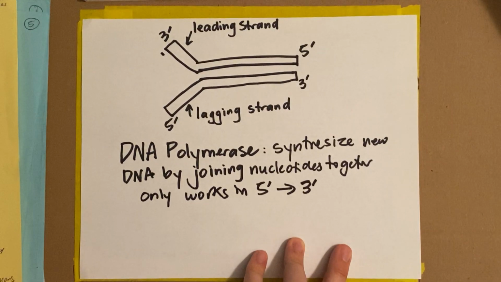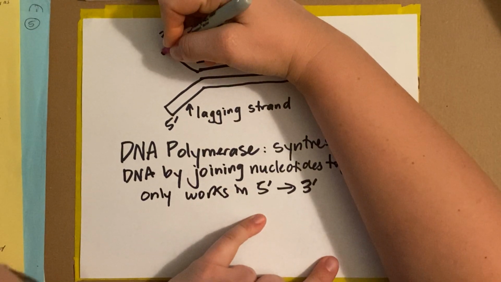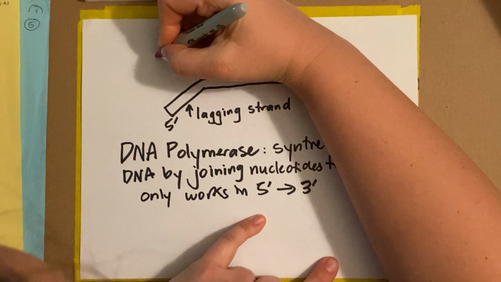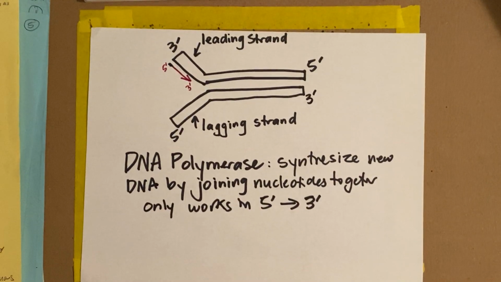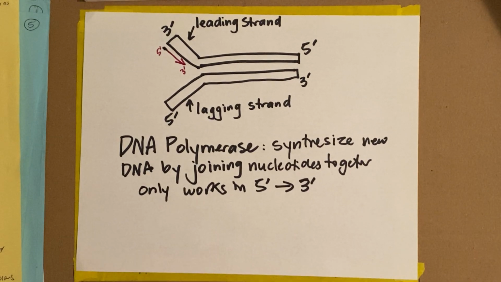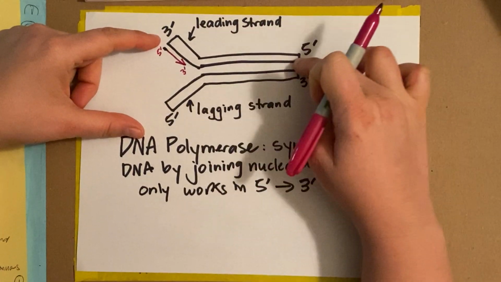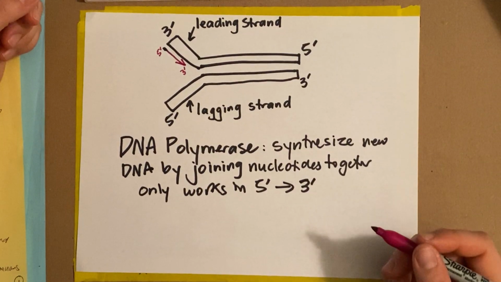And actually, let me use a different color for my new DNA. So it's going to start adding on new DNA, but this one, it can only work in this direction, which is going to be the 5' to 3' direction. Okay, so this one is going to be able to be made in a continuous strand. So as this starts to separate, it's going to be able to continue adding on new bases.